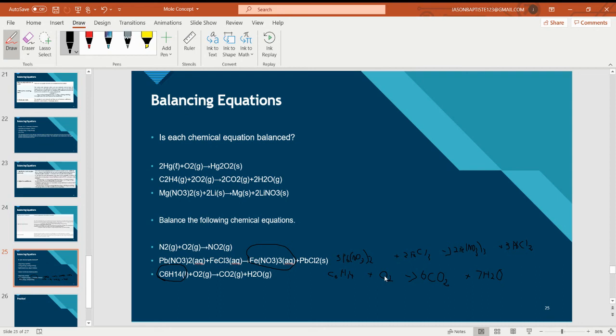How are we going to get 19? Now, we have 19 oxygens, right? So what we'll do is we'll get a fraction in front of the oxygen on this side. So you'll put 19 over 2.